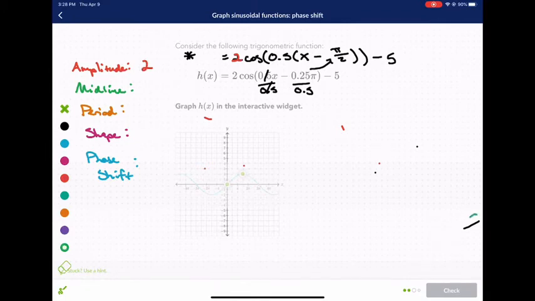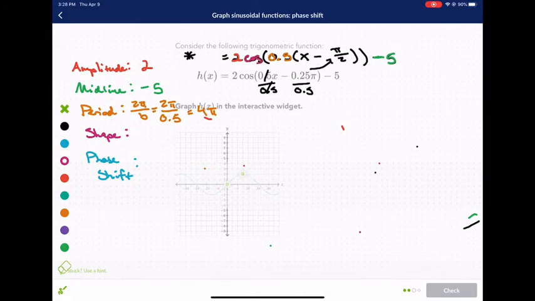All right, we've got our amplitude in the front, we've got our midline at the end, -5. We've got our period, which is a formula, 2 pi divided by b, where b is that number in front of x, the 0.5. So 2 pi divided by 0.5 is 4 pi. And then what about the shape?